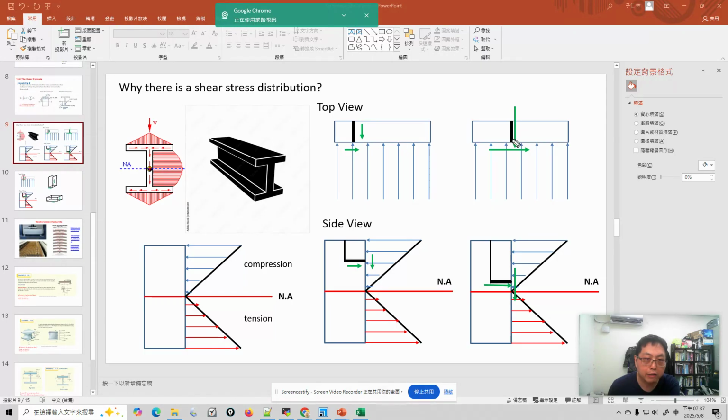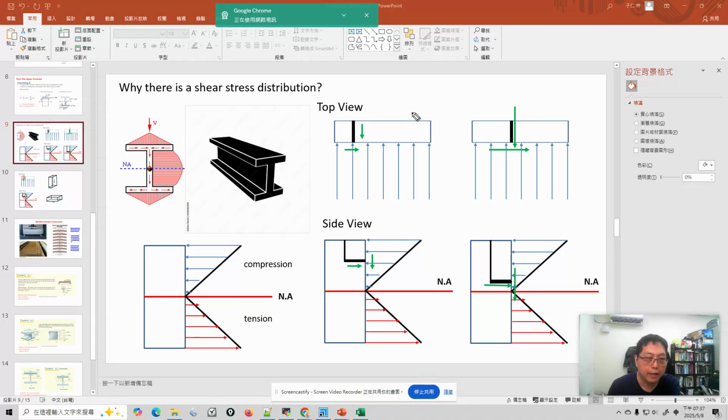Therefore, at this side, it will have larger shear force to resist the compression force compared with the left hand side. The left hand side is subject to a lower compression force, so it will generate lower shear force compared with the right hand side.